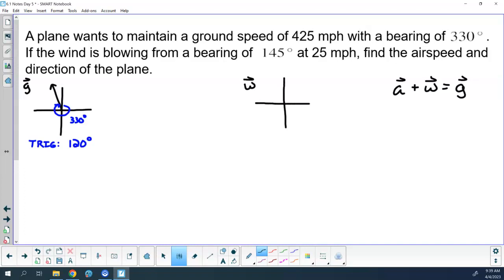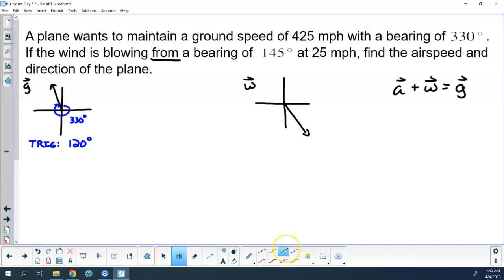Now, here's the tweak on this one. It says if the wind is blowing from a bearing of that. So where is 145 degrees in terms of bearings? Which quadrant? It's in quadrant 4. Down here, right?